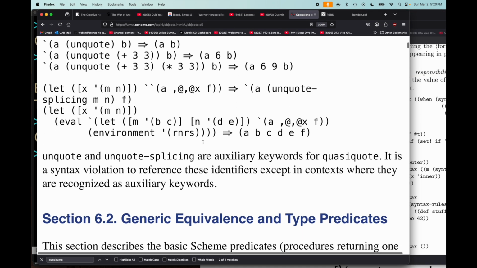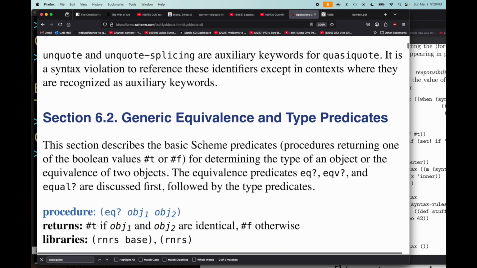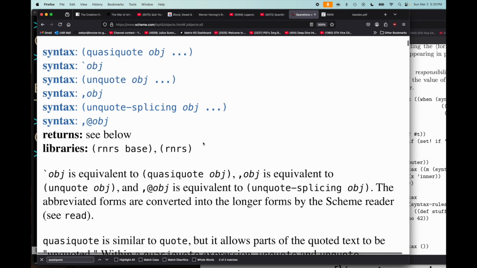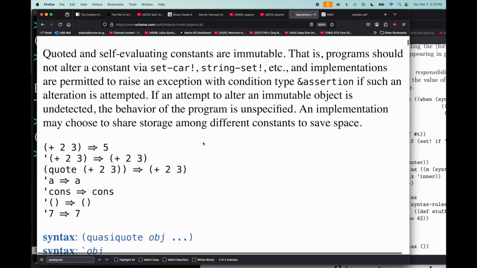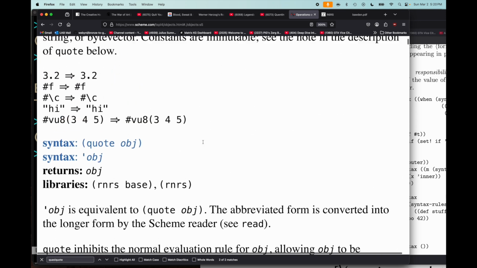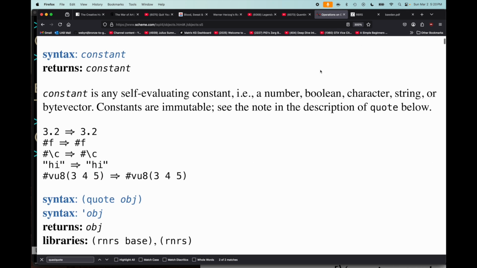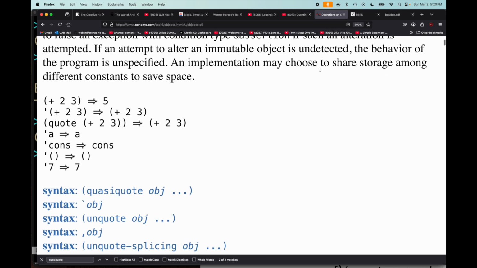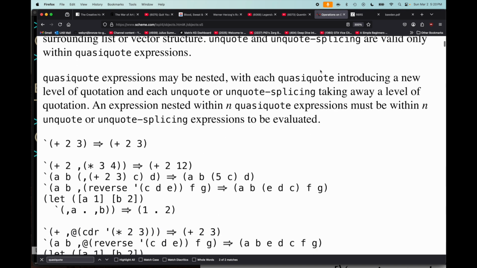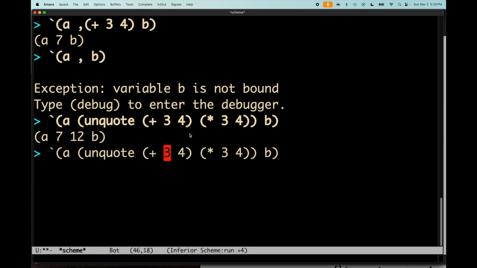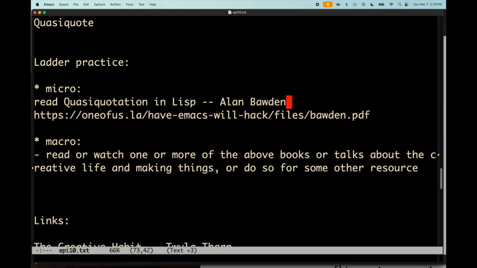Yeah. And what else here? Well, this is your leftover homework from last time, which was to go through the section. Right, so I'll put that in for this time again.